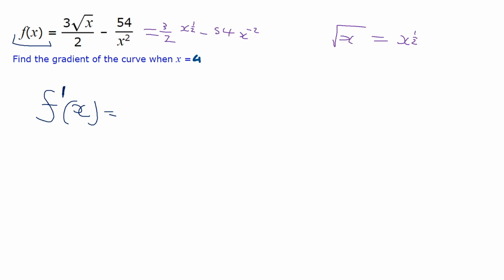So f prime x is going to be, what's a half times 3 over 2? A half times 3 over 2 is 3 over 4 times x to the minus a half. And then what did we say that minus 2 times minus 54 is?